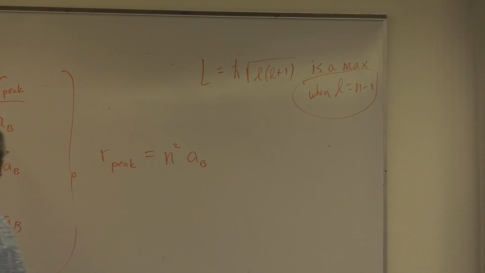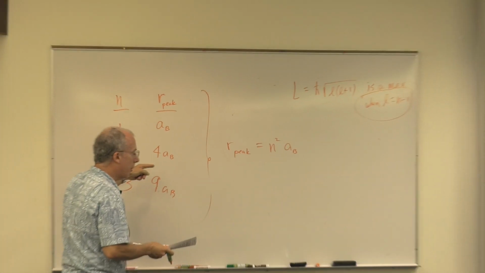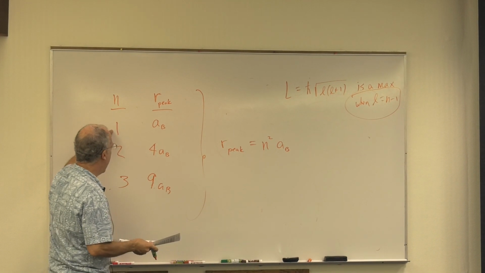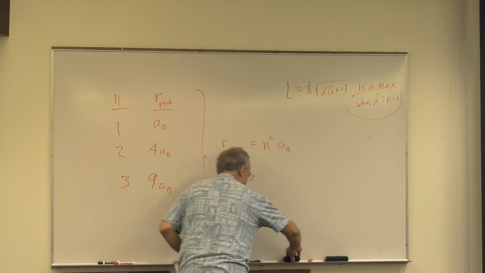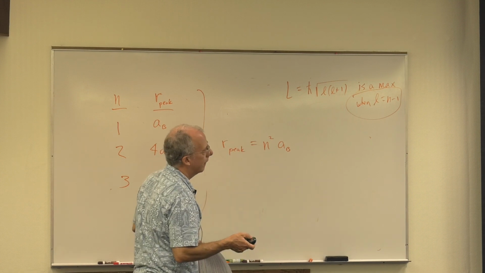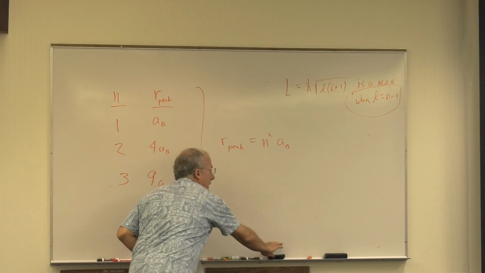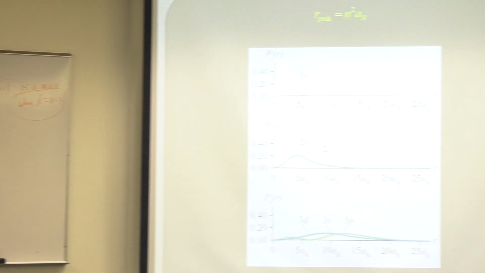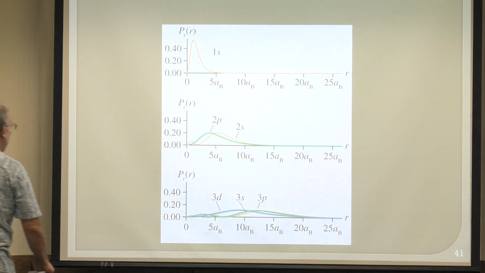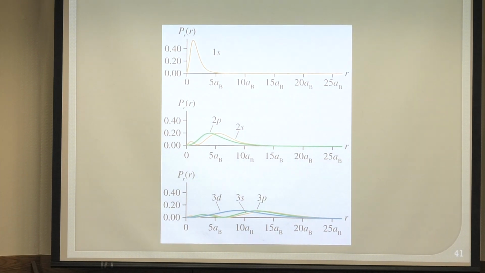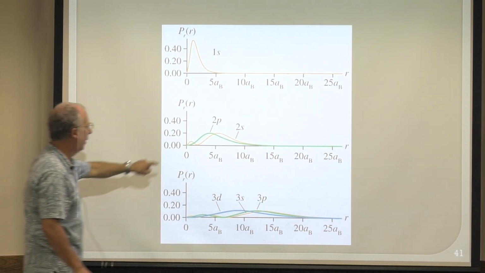And what we looked at was the maximum L for each n. Let me go back to the slide. For n equals 1, the maximum L is an s. For n equals 2, the maximum L is a p.